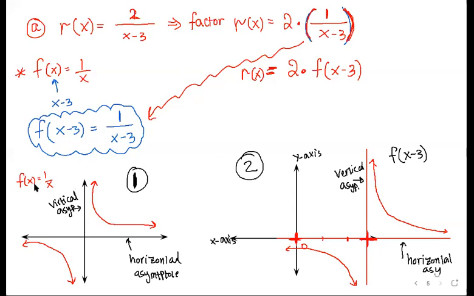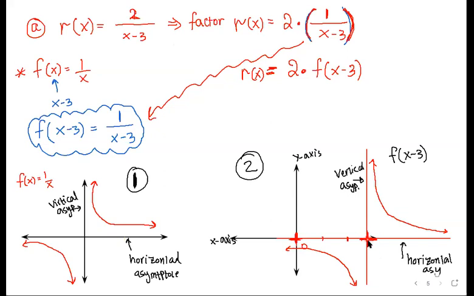Now I know the graph for f of x, 1 over x. This means the original graph, we have to shift it 3 units to the right. This is my horizontal line. This is my vertical asymptote, horizontal asymptote. This point here, the 0, 0, I have to shift 3 points. 1, 2, like around here.